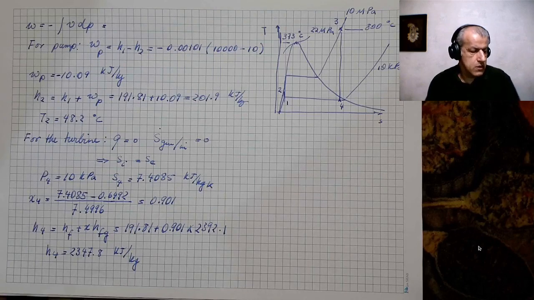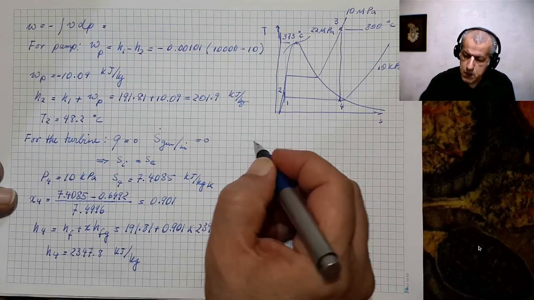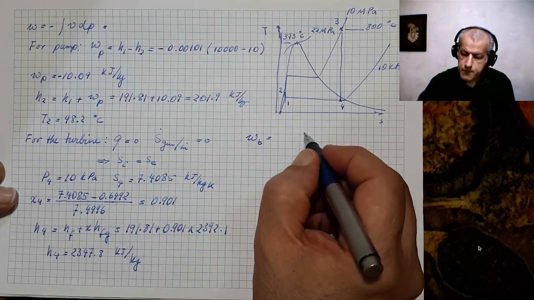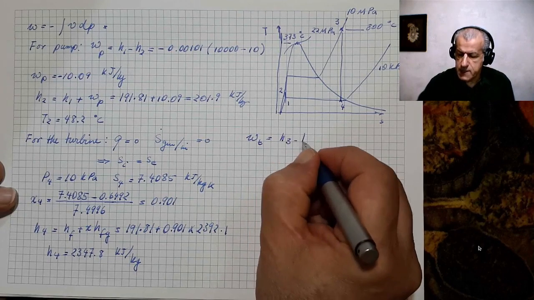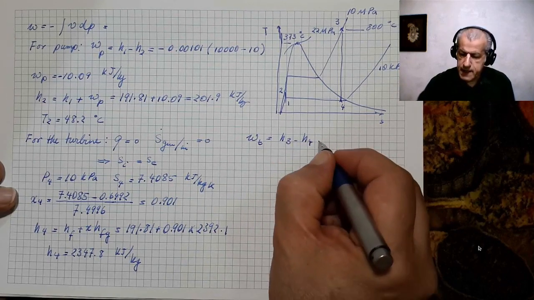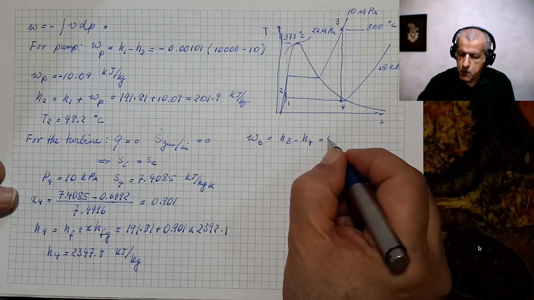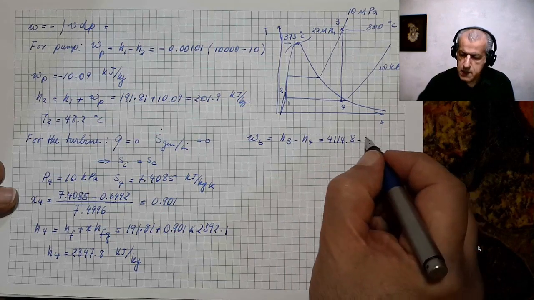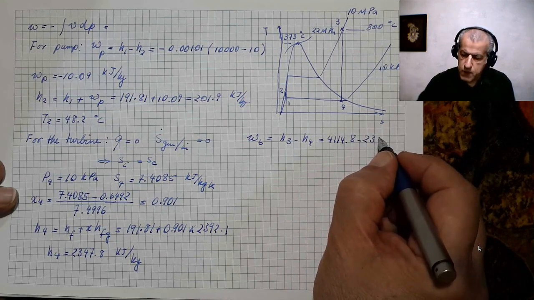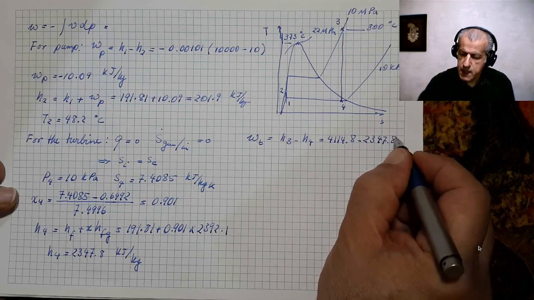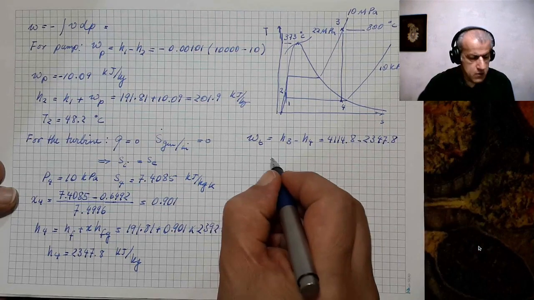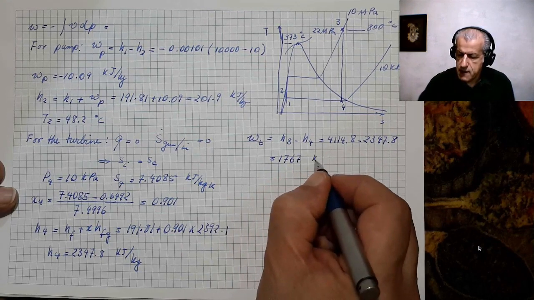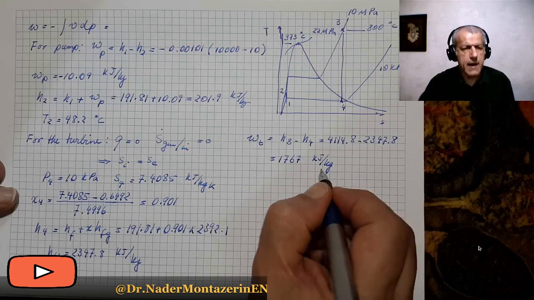So turbine work is H3 minus H4, and that equals 4114.8 minus 2347.8, and this would be 1767 kilojoule per kilogram.